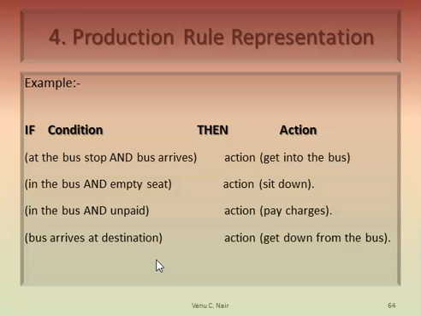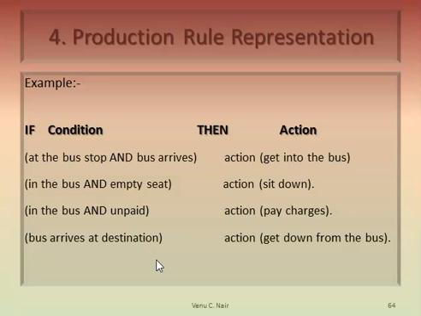And bus arrives. The bus can be at the bus stop or it cannot. Again, it will have a true or false value. If both these values are true, if we are at the bus stop and the bus arrives, then the action is that we should get into the bus. So get into the bus is the action performed here. For that, the required conditions are we should be at the bus stop and the bus should be near the bus stop.